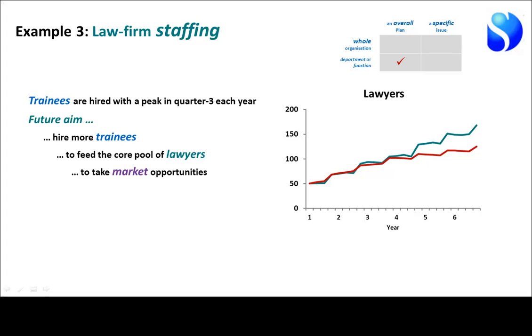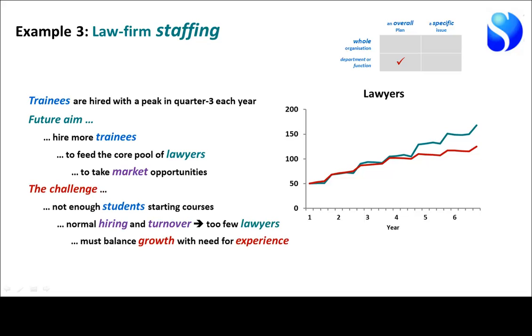And the aim we have here is to hire more trainees than we have historically, to feed that core pool of lawyers so that we can take market opportunities that are out there. But this is a plan that the staffing partner, the person responsible for the staffing in this law firm, needs. And this needs to be a living plan because they will keep hiring and losing people year after year.